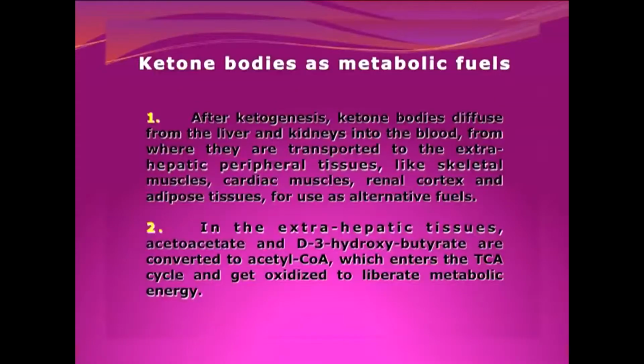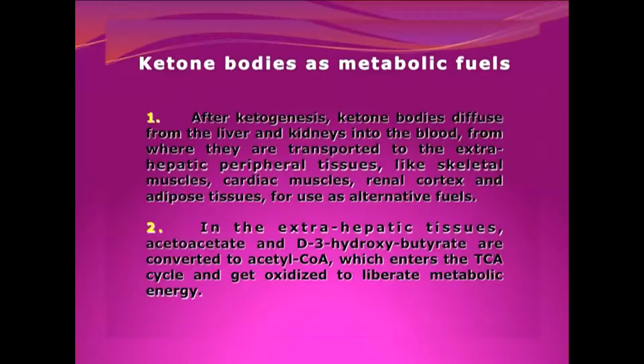Now, what is the utility of ketone bodies in our system? The ketone bodies serve as metabolic fuels. After their synthesis in the liver and the kidney mitochondria, the ketone bodies diffuse out of these two organs into the bloodstream.